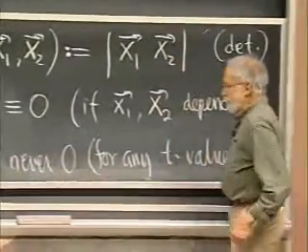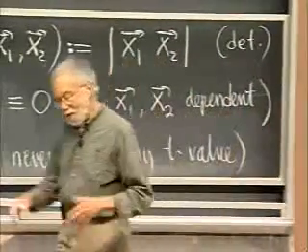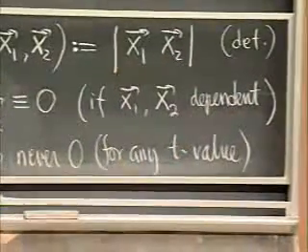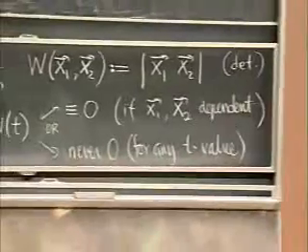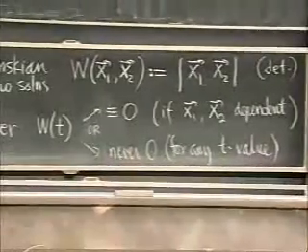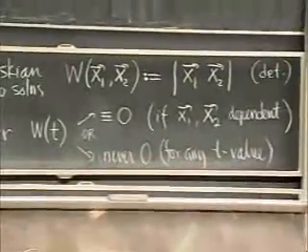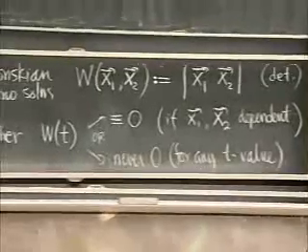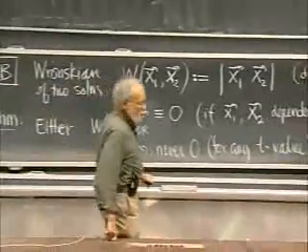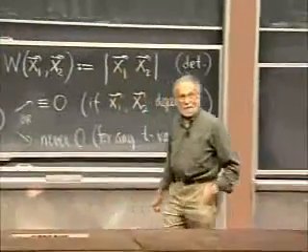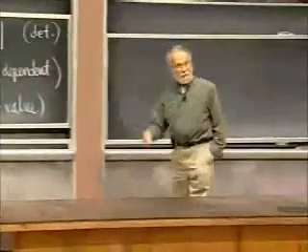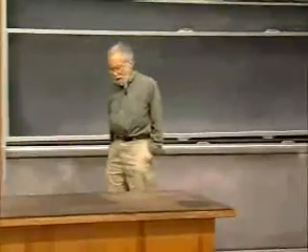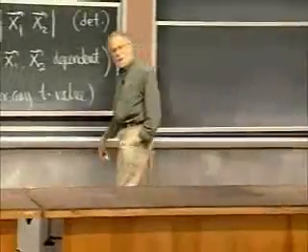I mean, a normal function is 0 here and there, and the rest of the time not 0. Well, not this Wronskian. You only got two choices. Either it's 0 all the time, or it's never 0. It's like the function e to the t, in other words, an exponential which is never 0, always positive. Or a constant. It could be a constant. Anyway, it has to be a function which is never 0.